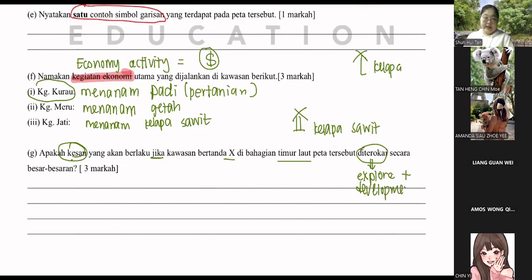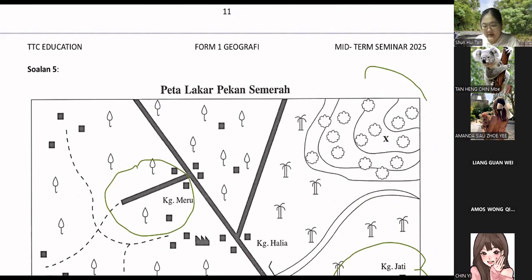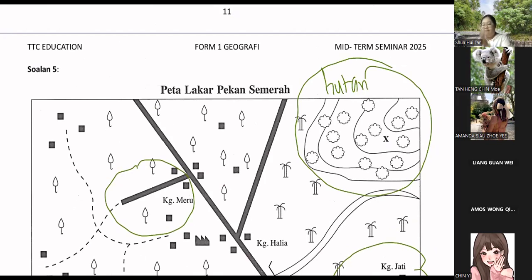Now, this is a KBAT question. But a lot of you will know how to do it, but some of you maybe will just have no answer in your brain. Let's find out X first. Where is X? Here. So what is this area? This is a forest. So they ask you, what if you develop the forest? Diterokai means you actually chop down a tree and do something else.